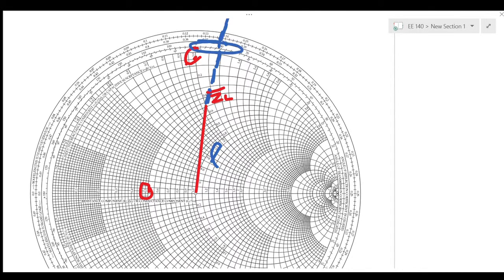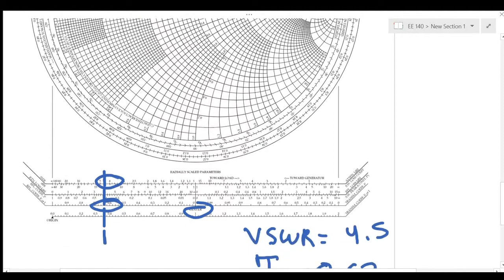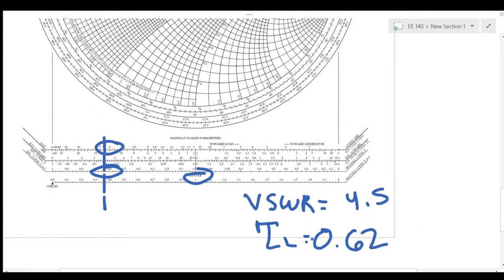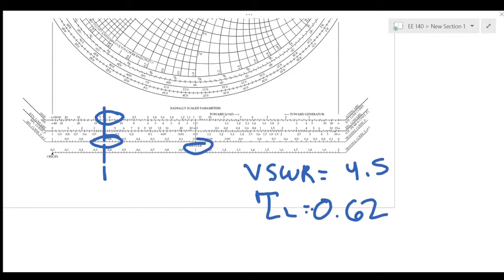It's somewhere between 90 and 80. It's about, let's just say, 83 degrees. So our reflection at load is going to be with the magnitude of 0.62 and a phase of 83 degrees.